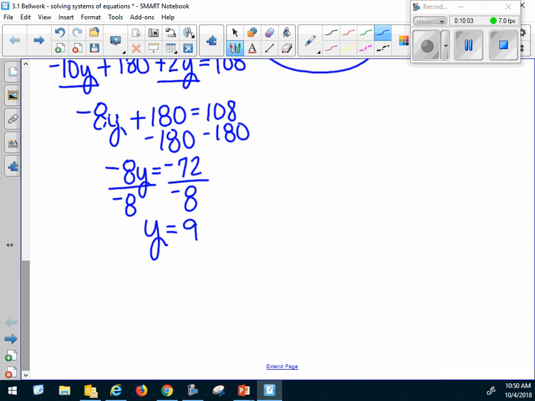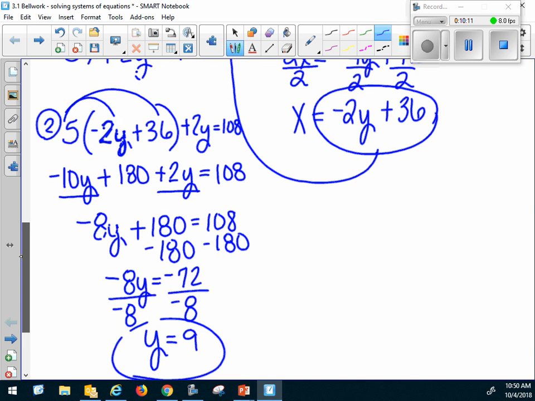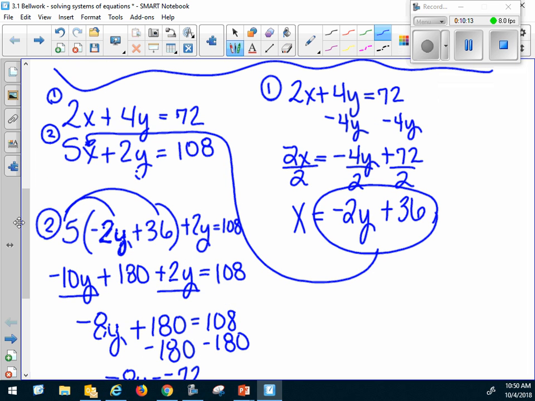So what do we do once we get that y is equal to 9? At this point, it's the same as before. You just have to substitute it back in somewhere. You can substitute it in anywhere. You could go back up to equation 1, equation 2, or where I prefer to substitute it is where we had our x equals, because that's what we're trying to find now. Does that make sense?